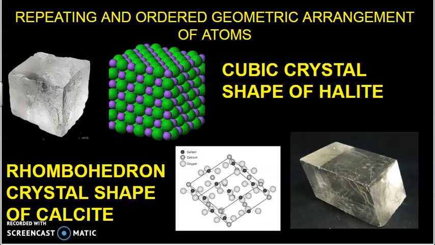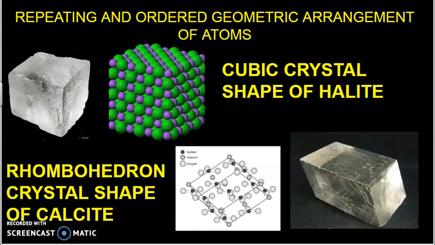These are just a few of the geometric shapes that crystal structures take. The top one is called a cubic crystal shape. An example of this is halite, better known as table salt. You'll look at the bottom is a rhombohedral crystal shape of calcite. It kind of looks like a warped rectangle.